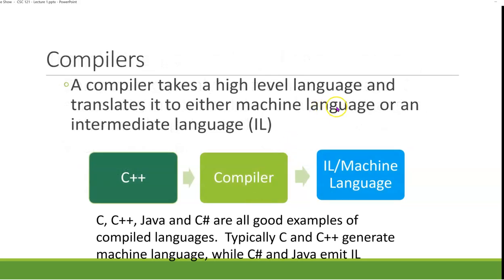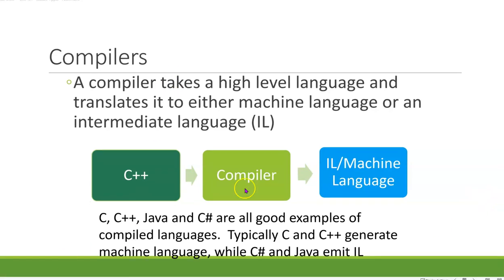A compiler takes a high-level language and translates it to either a machine language or what's called an intermediate language. C++ runs through a compiler and produces intermediate or machine language. Intermediate language is just an intermediate step to allow us to do more interesting things. And intermediate language is used, for example, by C# and Java.